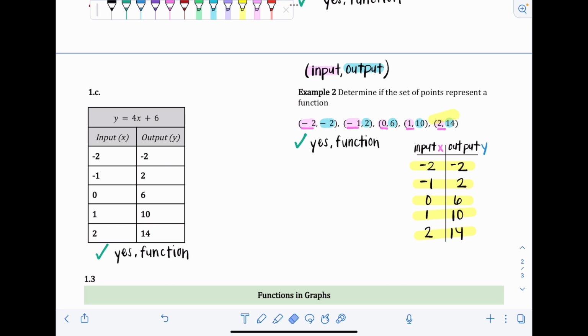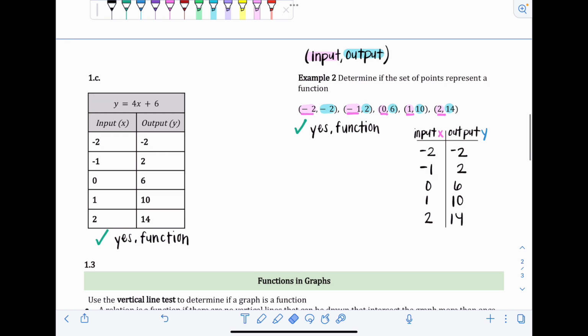This happens to be the same exact table as over here, but the original problem was written a little bit differently, so it's really important to be able to recognize the different structures of these problems. So yes, for example 2, that one is a function as well, and like I said, you can decide what works best for you, whether it's leaving it as the points or turning it into a table.